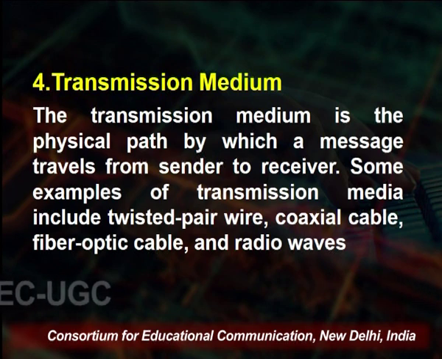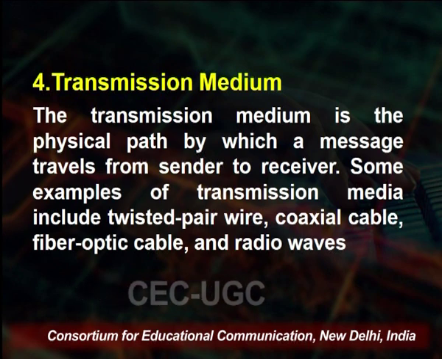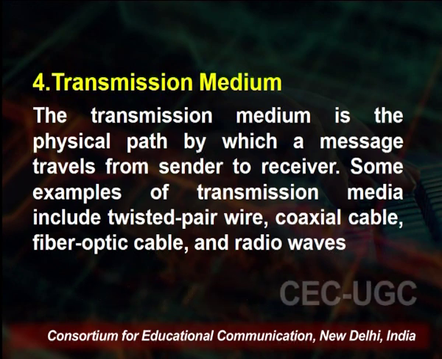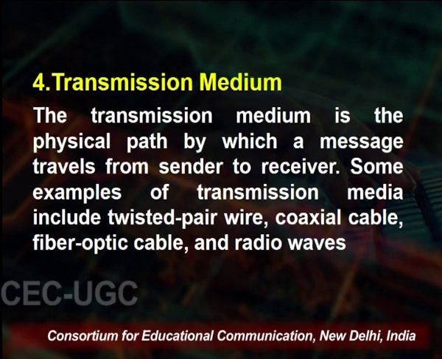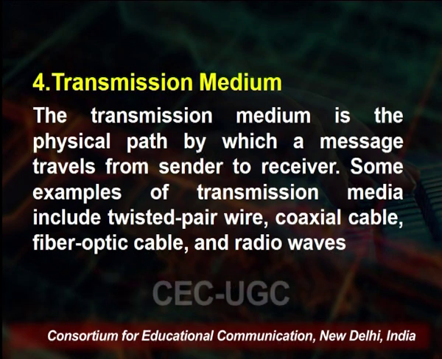Some examples could be twisted pair wire, coaxial cable, fiber optic cable, or communication with the help of radio waves. So the sender is sending a message, and that message is being sent to the receiver using a media, guided or unguided. That media is known as transmission medium.